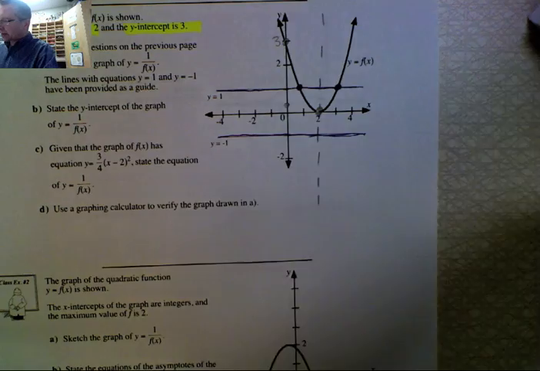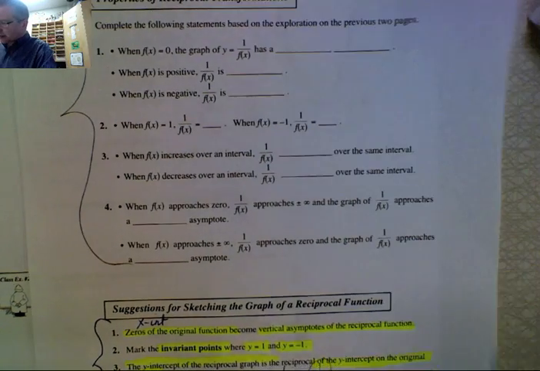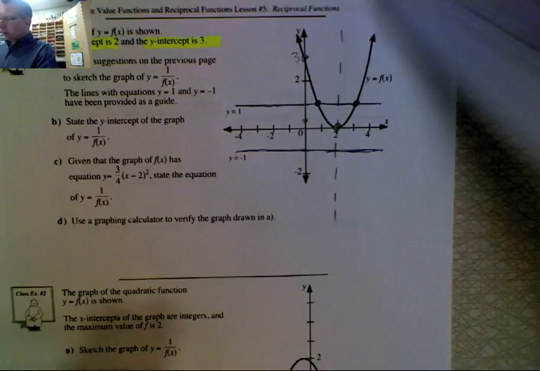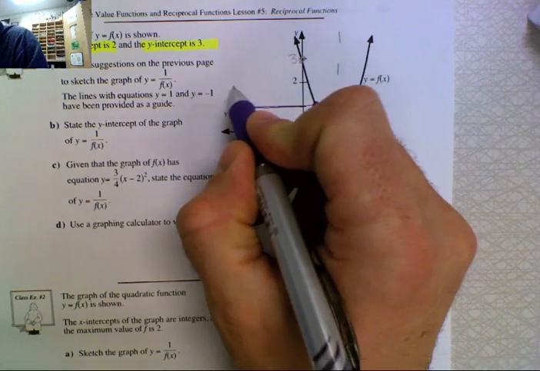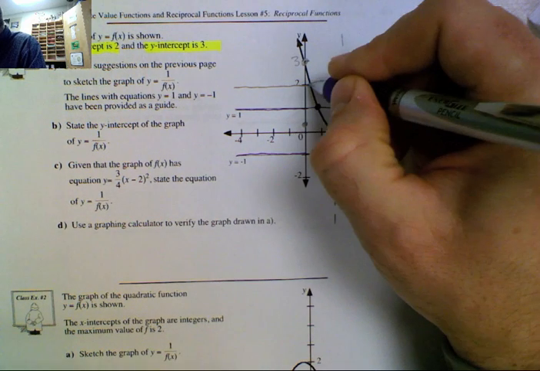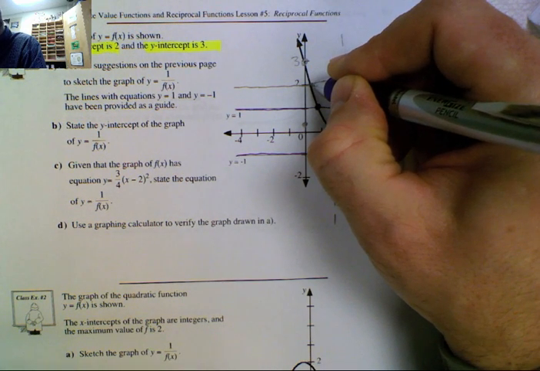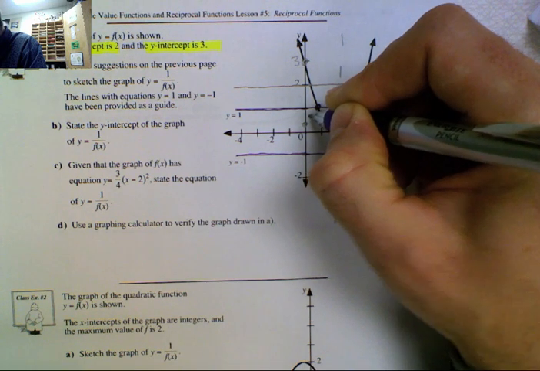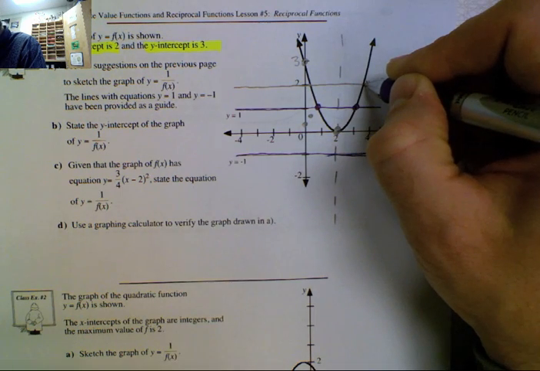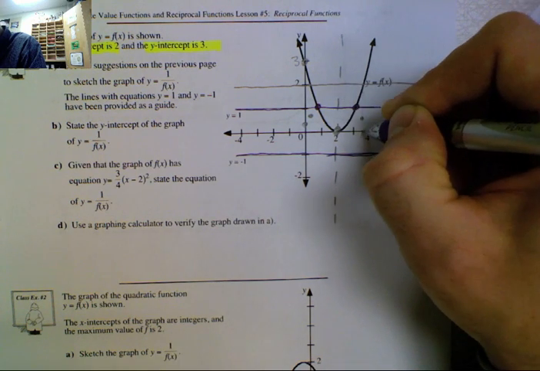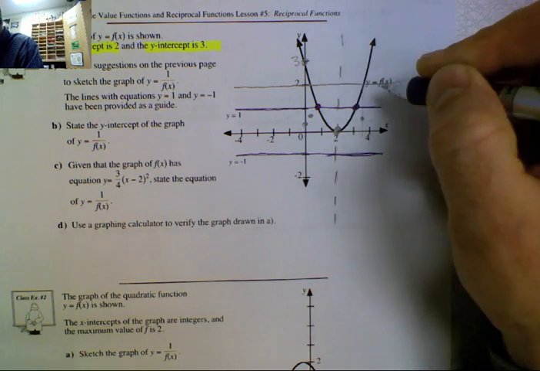The other thing it asks us to do is to look at the points on the line where y equals 2. If we draw in another line at y equals 2, you're going to notice this point of 2 becomes a point of 1/2, and this point of 2 becomes a point of 1/2. So you keep the same x value, you just take its reciprocal.